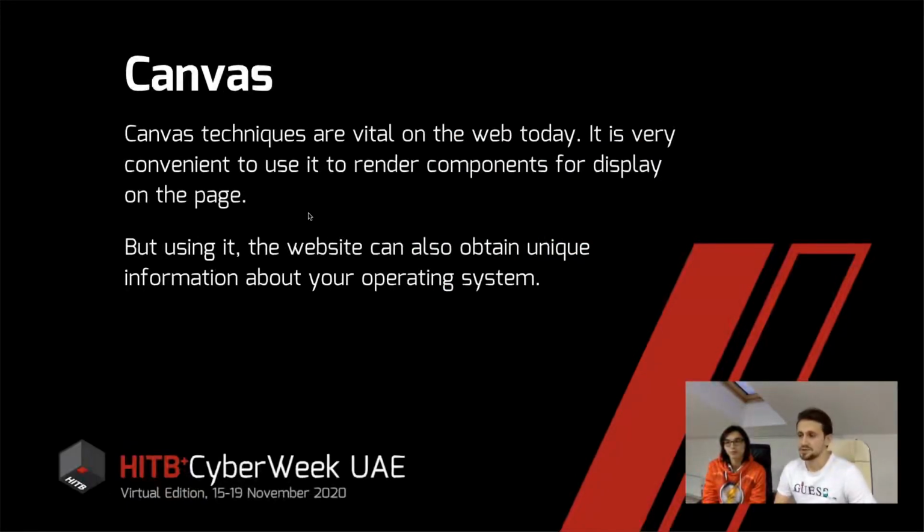And now we start to talk about the most interesting fingerprints, and the first one is canvas. Canvas techniques are vital on the web today. It's very convenient to use it to render components for displaying on the page. But using it, websites can also obtain unique information about your operating system.